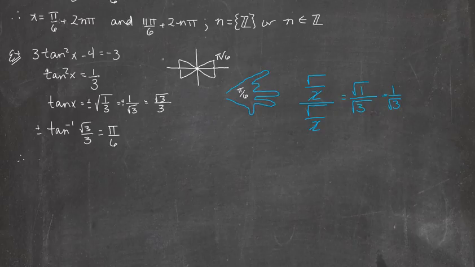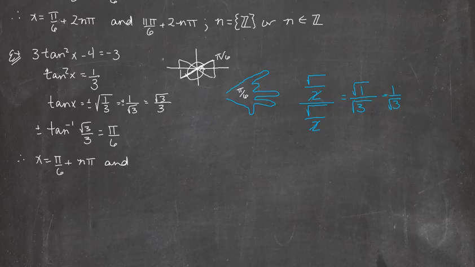Therefore, x equals, well, pi over 6 in the first quadrant, and then I can put this into the same statement, right? Plus pi times n, or technically we write that n pi. And I've covered these two now.